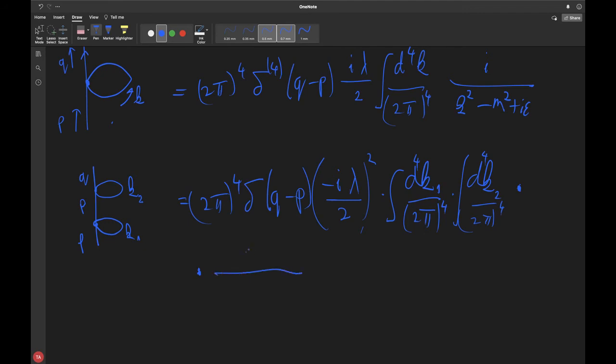I have i over k1 squared minus m squared plus i epsilon, multiplied with i over p squared minus m squared plus i epsilon, multiplied with i over k2 squared minus m squared plus i epsilon.